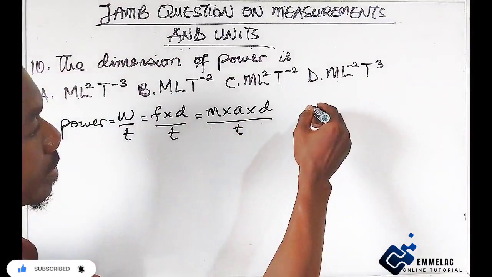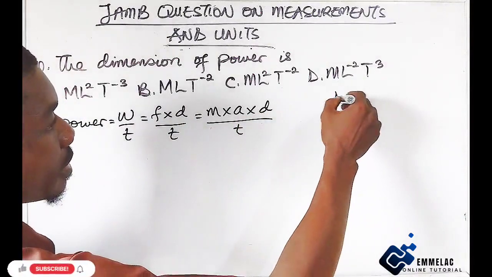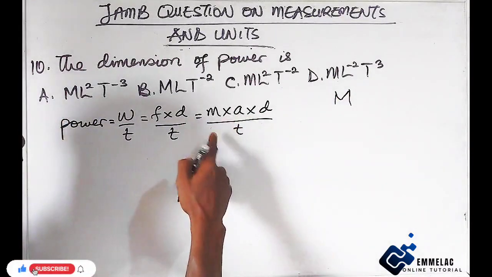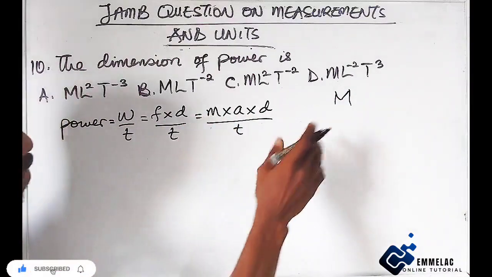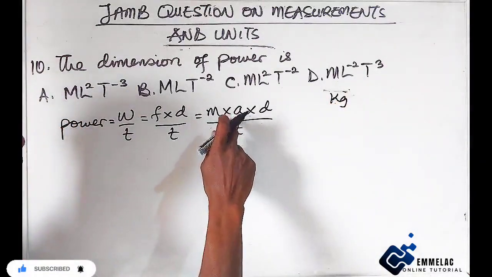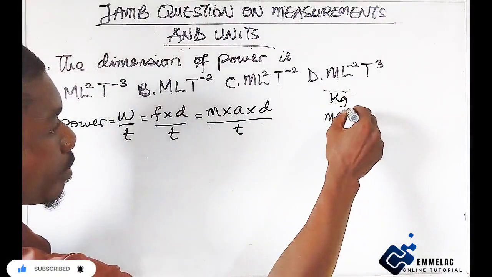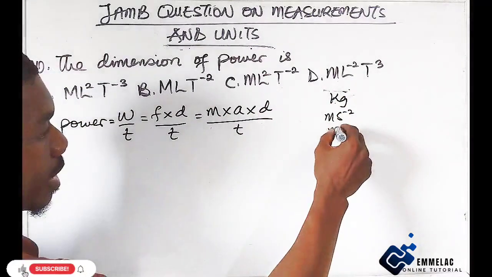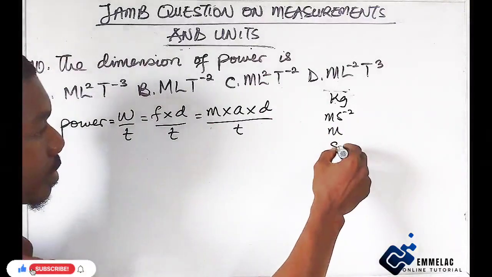And for mass, the dimension of mass is the capital M. Now for mass, the unit is kilogram. Okay, now for acceleration, it is meter per second square, and for distance it is meter, and time it is seconds.